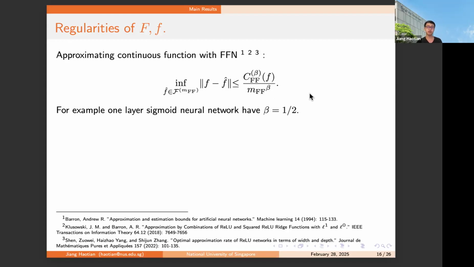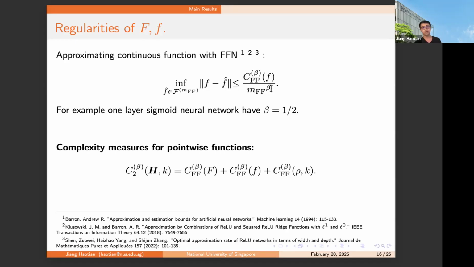Because we do not assume a specific architecture, we can keep this part general, which means we assume that the feed-forward part already has a certain approximation rate based on existing results. So this complexity measure measures how easily the continuous function big F or small f can be approximated by a feed-forward neural network, and beta here is the decay rate.